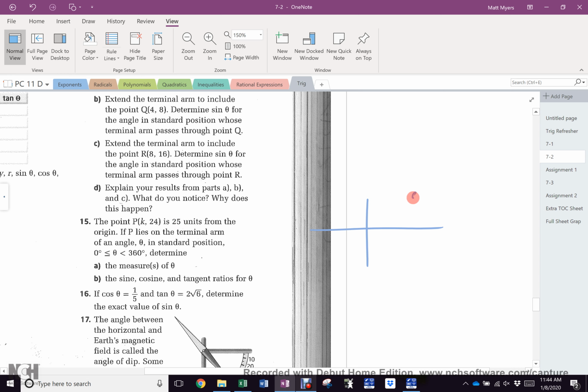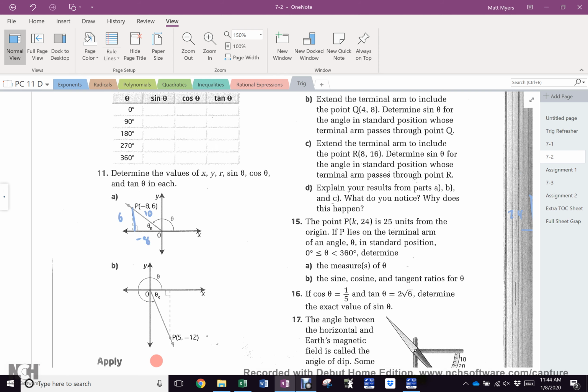So the Y value, 24, would have to be up there, yeah? That has to be 25, because that's 25 away, right? That has to be 24, and then you would use Pythagoras. Anything else from 13 through 17? Spectacular.